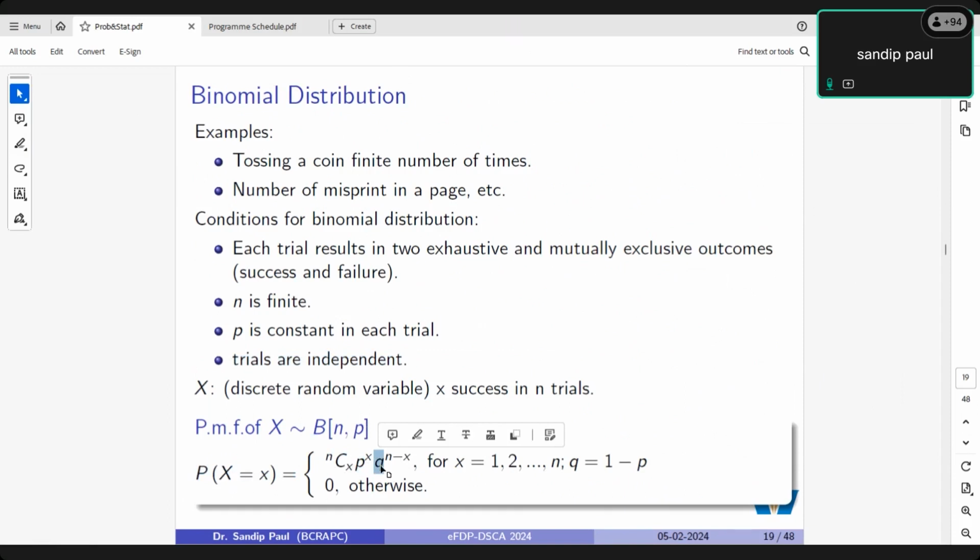So q is equal to 1 minus p. In a single trial there are only two possible outcomes, either getting a certain thing or not getting it. Getting it is generally denoted as success, and not getting it as failure. So there are only two possible outcomes in that experiment, either success or failure.